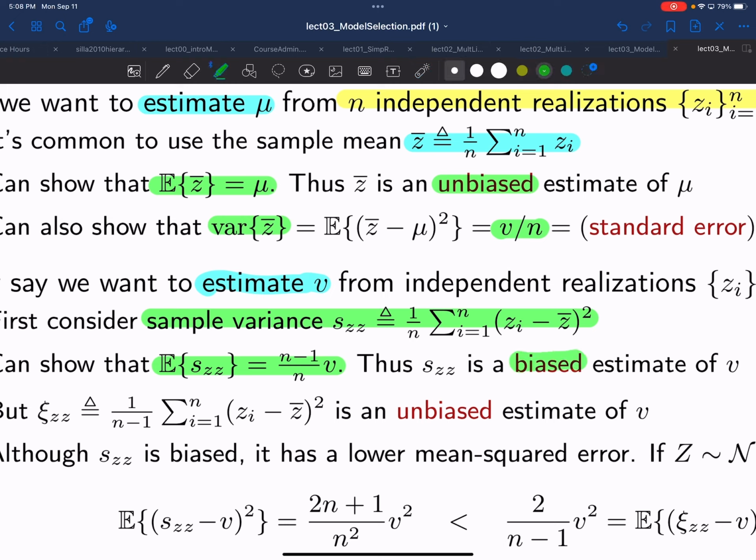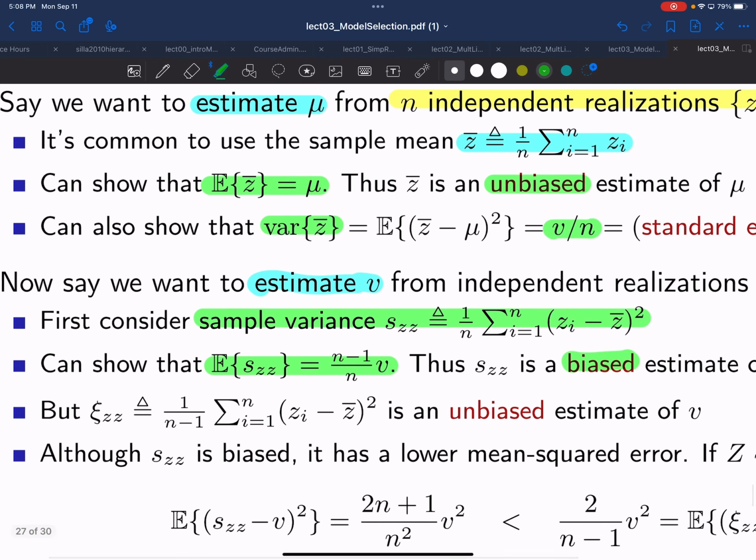And sometimes you think, I don't like that. I don't like the fact that my variance estimate is always a little bit less than the true variance. So to get around this, there's a very simple fix. You just change this n to an n minus 1. Essentially, you're multiplying this by n over n minus 1, and when I do that, I'm canceling out this factor.